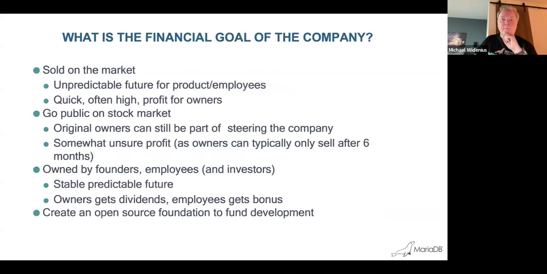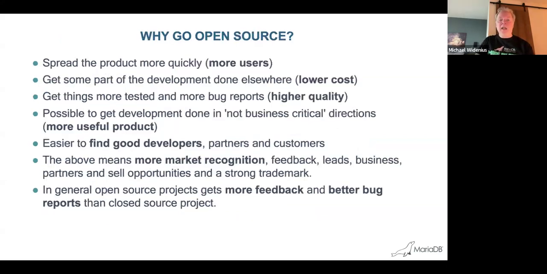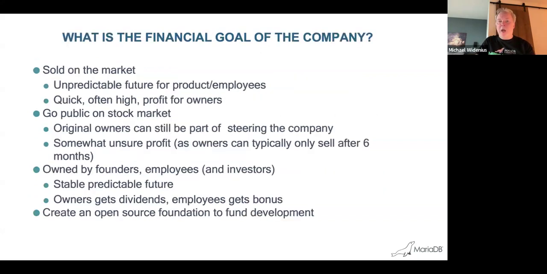Next one. That was probably the most important slide in this presentation to understand. And then, of course, you need to come up with the financial goal of the company. There's nothing wrong with being a small company who makes a good living supporting a small group of other companies.